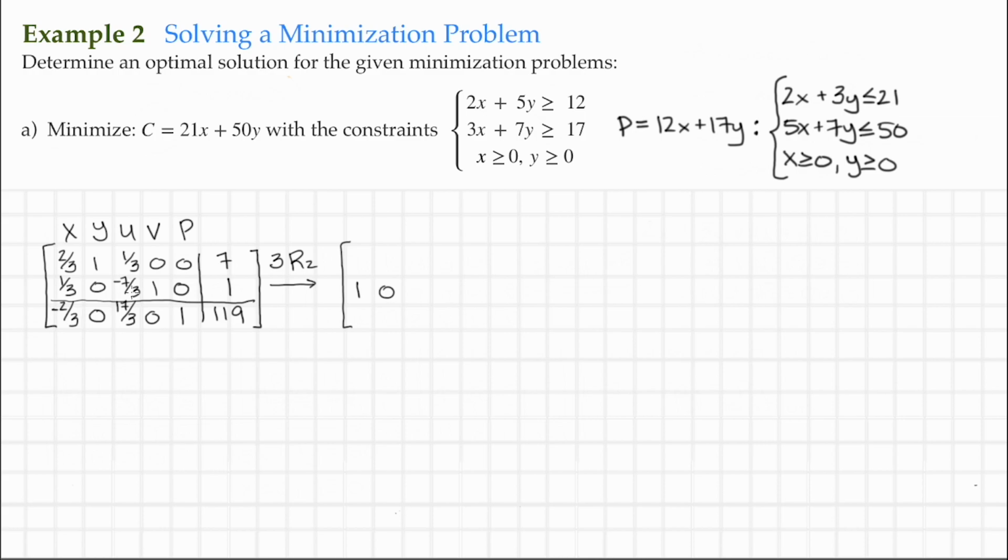Negative 7/3 times 3, that's negative 7. 1 times 3, that is 3. 0 times 3, that's 0. Bring down our vertical bar. And 1 times 3 is 3. Close off our bracket. And we go ahead and fill in the rest.